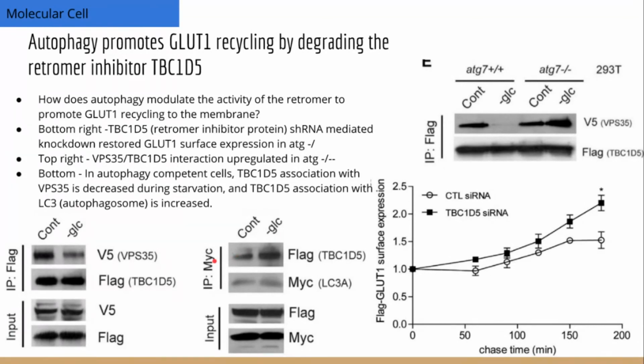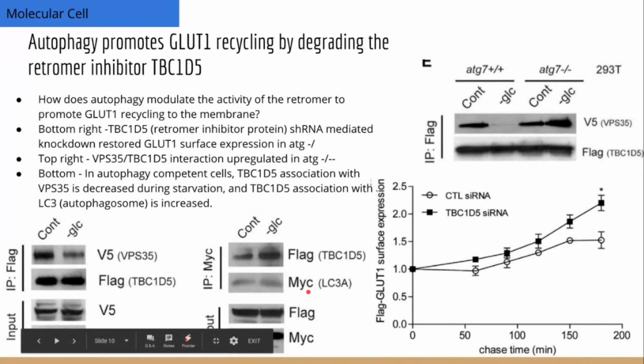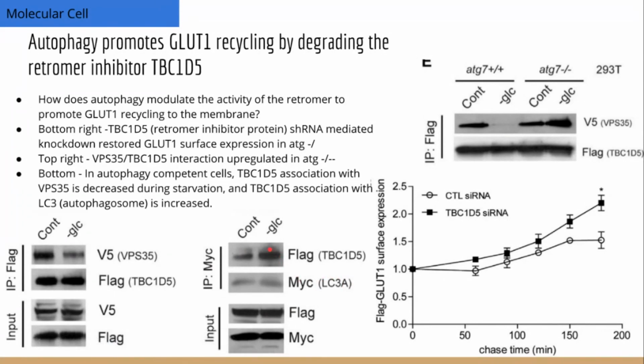So they pulled down MYC, and MYC is fused to LC3A. And it pulled down TBC1D5, indicated by immunostaining towards FLAG, which is fused to TBC1D5. So this is kind of confusing, because they're using two fusion tags.